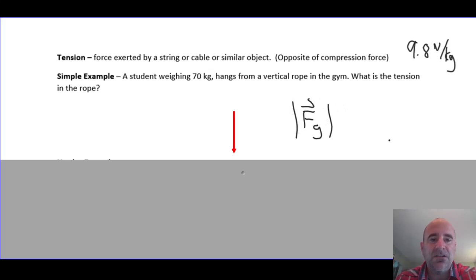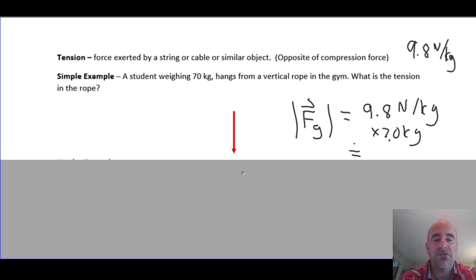But its magnitude is 9.8 newtons per kilogram times the student's mass of 70 kilograms, which gives you 686 newtons. So that's a 686 Newton force going down towards the center of the earth.